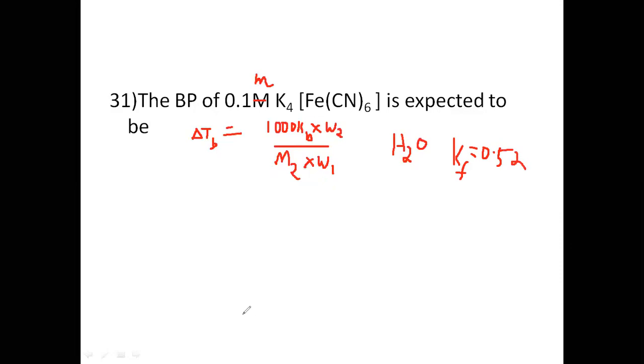Now see, I don't have a W2 by M2 value, etc. I already have this molal value. So I can have delta TB is equal to KB into m also.